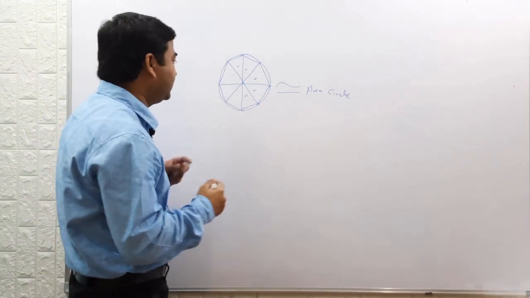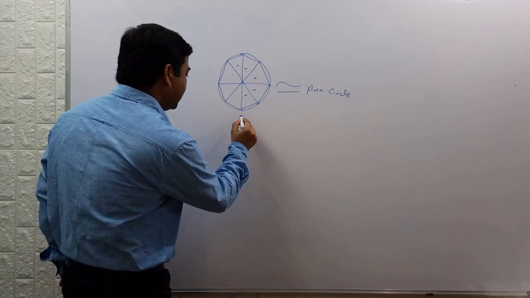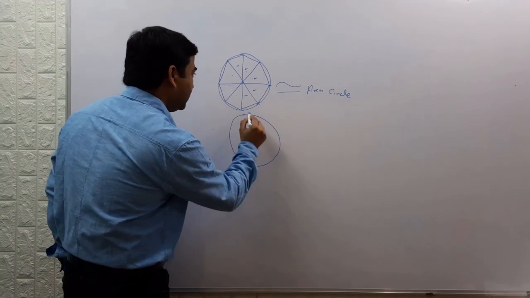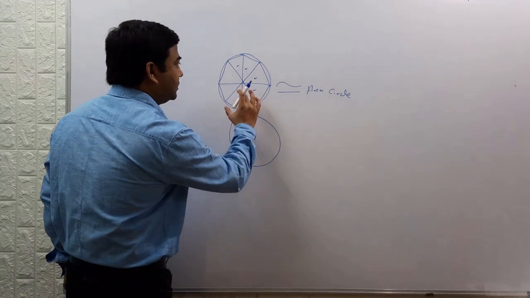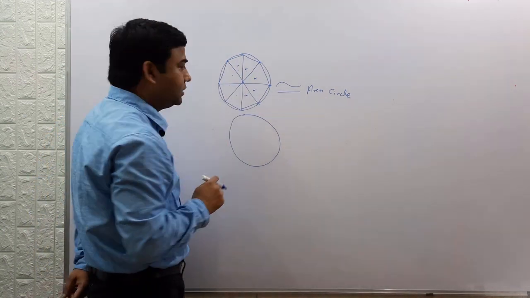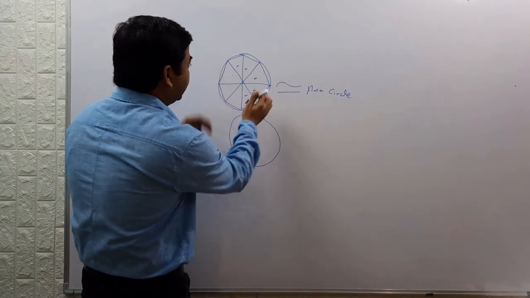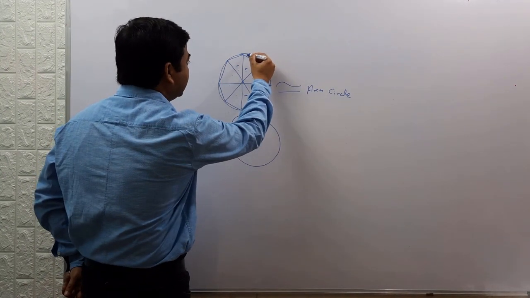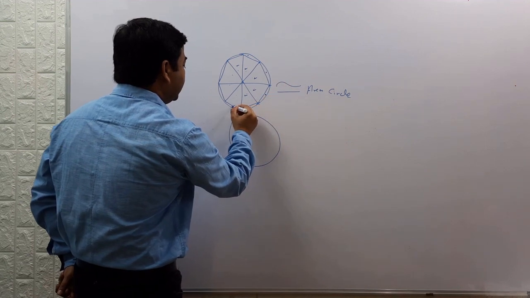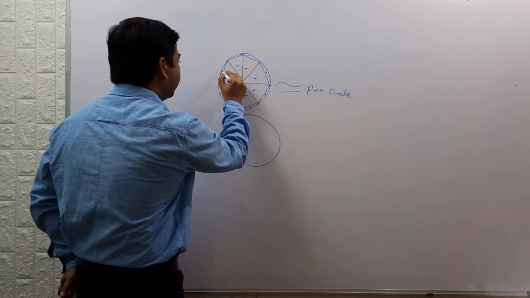So what they did was increase the number of small triangles to evaluate a more accurate area of this circle. When we have triangles, these remaining areas are not covered by the triangles.